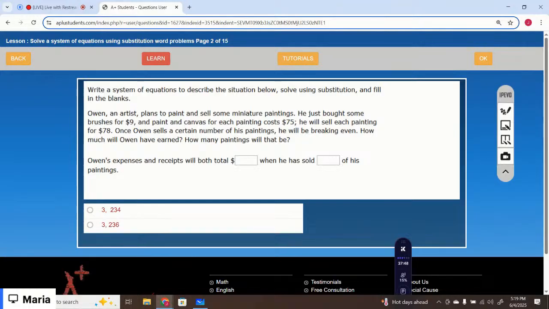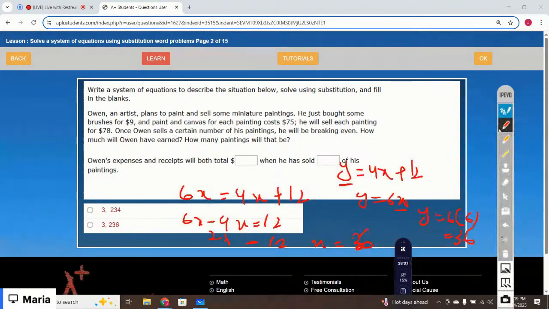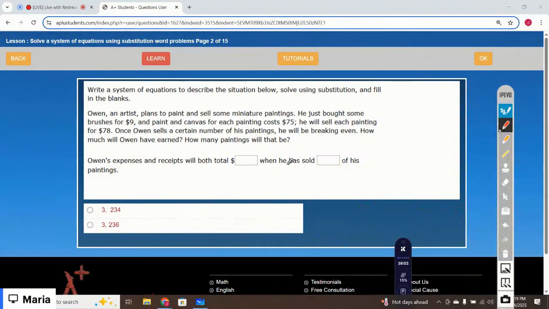So you need to write down the equations. He bought some brushes for $9, and paint and canvas for each painting cost $75. So that is y equals 75x plus 9.